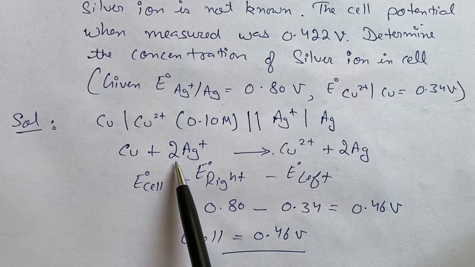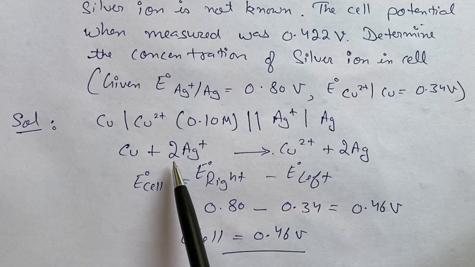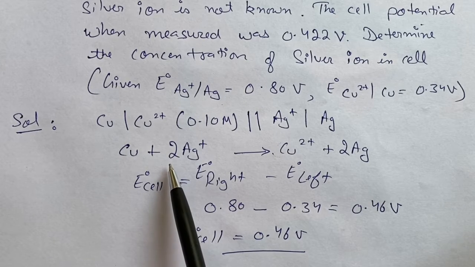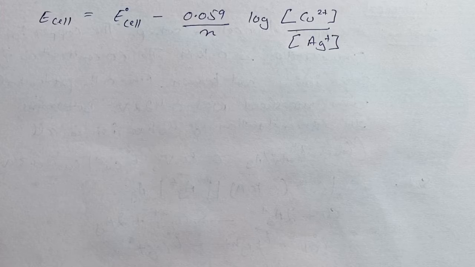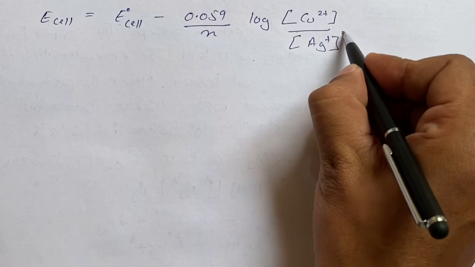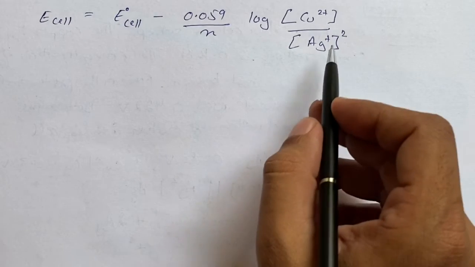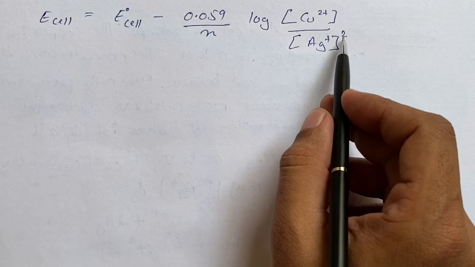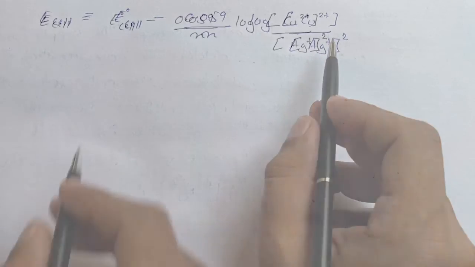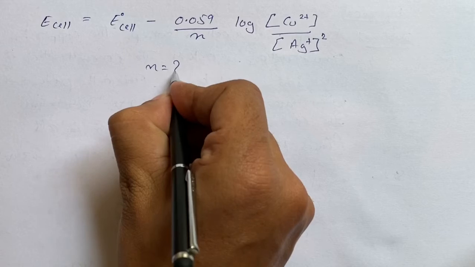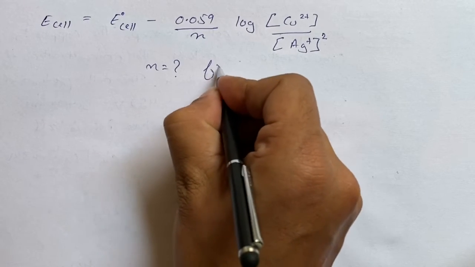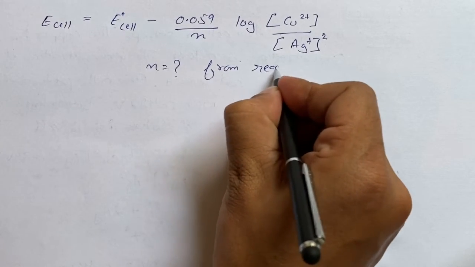The Ag+ has a stoichiometric coefficient of 2, so we have to write the stoichiometric coefficients in the form of powers. Now you have to calculate the value of n also from the reaction.